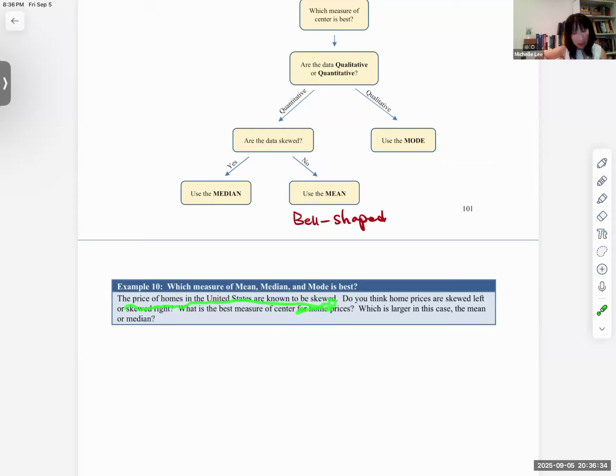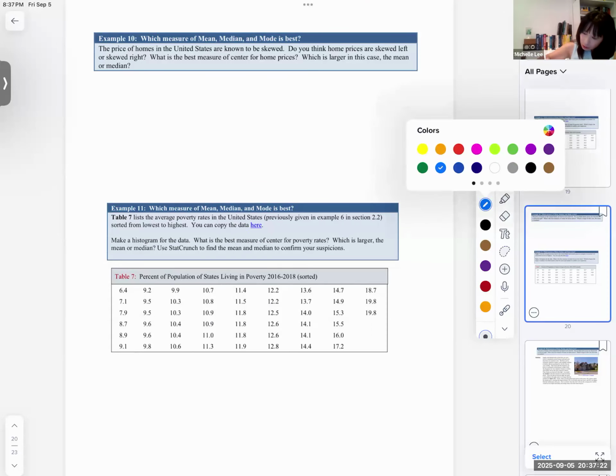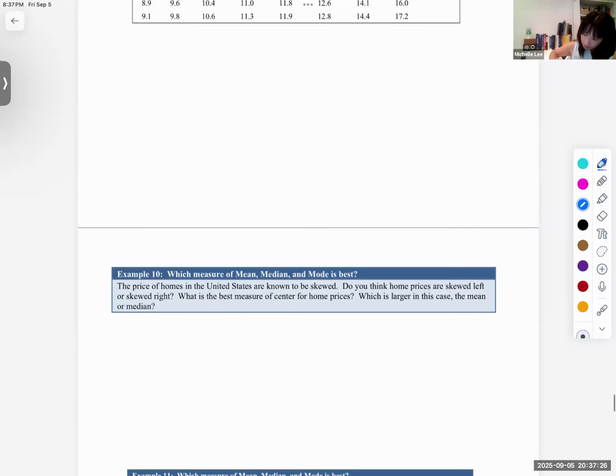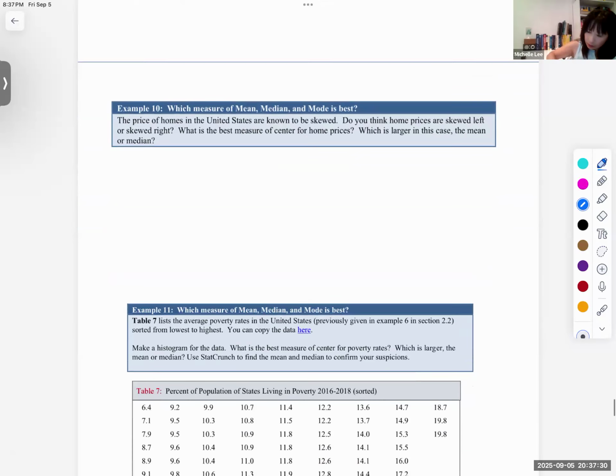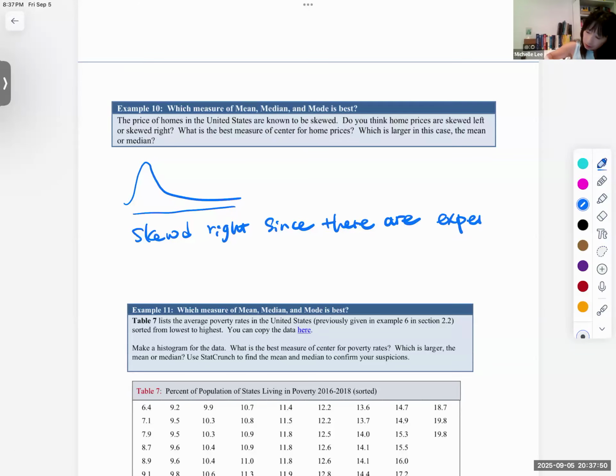It's skewed right, because there are too many expensive houses on the right side. Skew to right.